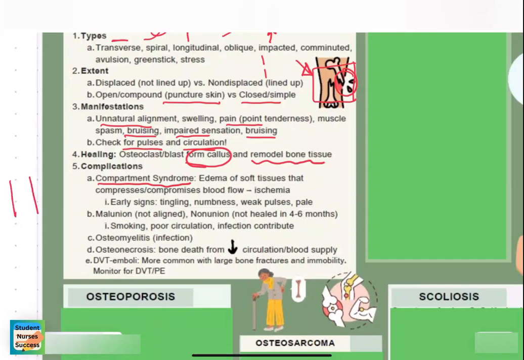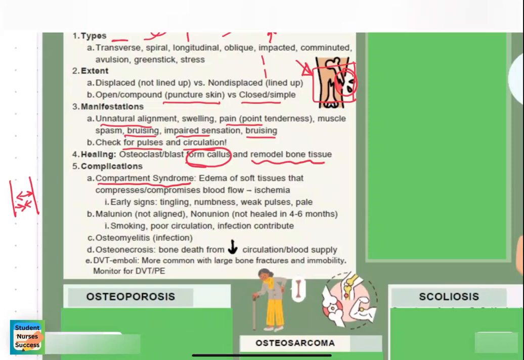When you put a hard cast on, swelling has no place to go. So swelling then goes in and compresses the blood vessels and will compromise blood flow to the extremity. So we do want to make sure that we remove that cast or relieve that pressure if possible.